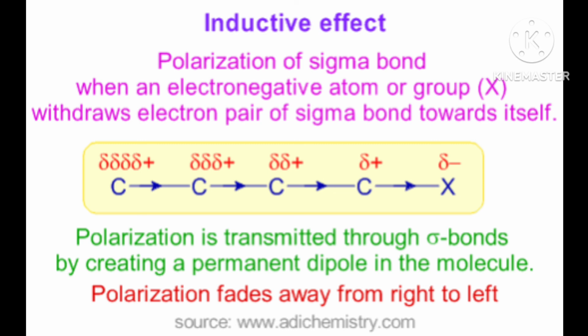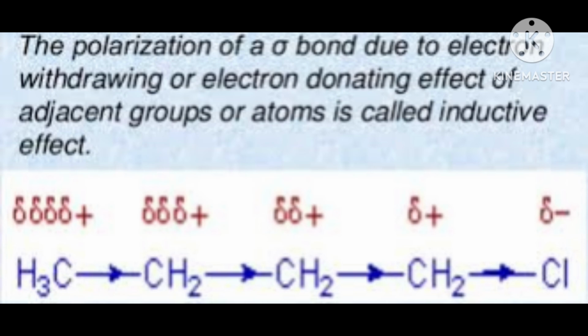Such polarization of a sigma bond caused by the polarization of an adjacent sigma bond is referred to as inductive effect, because it is affecting the nearby carbon also. Some positive charge they are getting, because electrons are moving from that carbon to carbon 1, and from carbon 1 electron is moving towards chlorine.